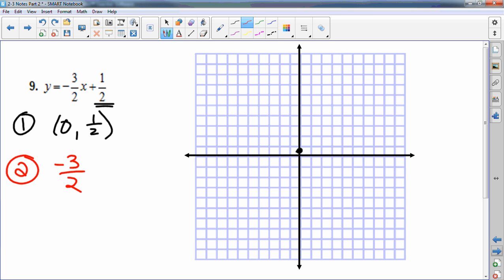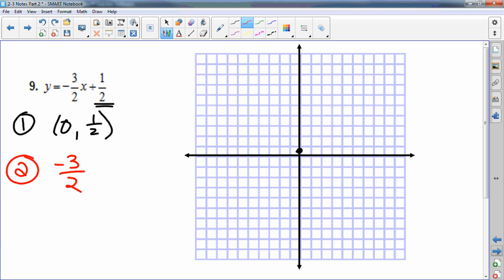Now, if it's a negative slope, which way is it going, Kurt? Negative is going down to the right or up to the left.